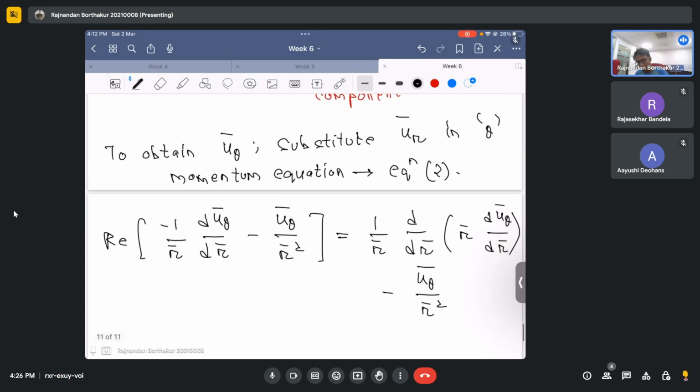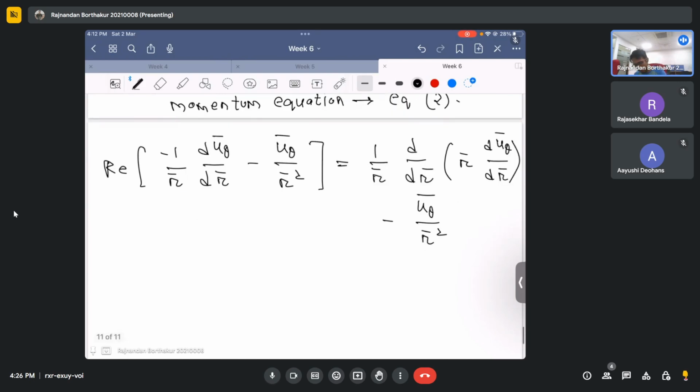All we did in equation 2 is substitute ur equal to minus 1 by r. That's all. If I simplify, the first term becomes minus Re by r bar times du theta bar by dr bar, minus Re times u theta bar by r bar squared.